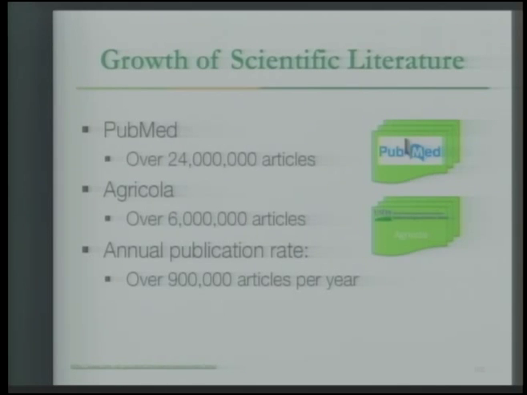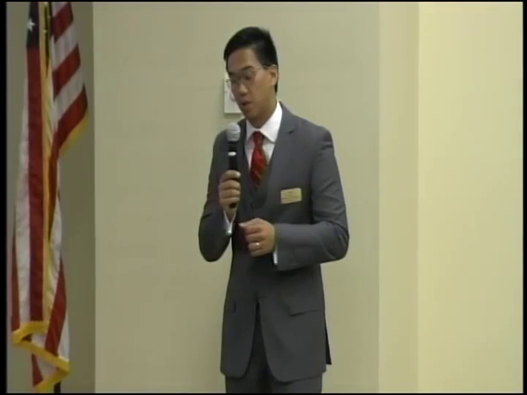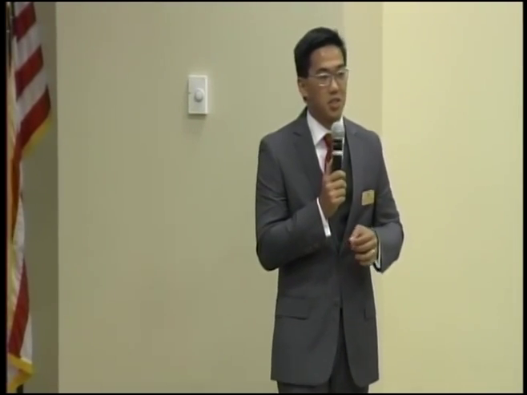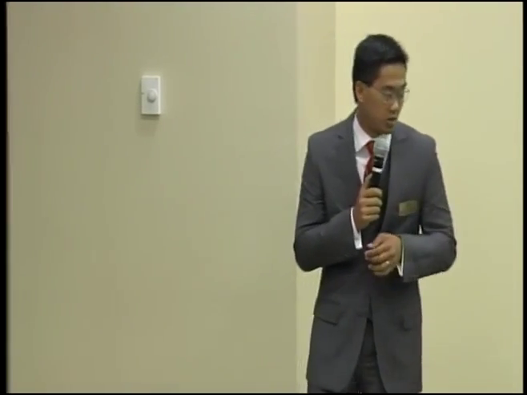Agricola, the agricultural comparison to PubMed, has over 6 million articles, and we want to look over more than 30 million of them. And to add to all that complexity, the annual publication rate was determined by the PubMed statistics, which show that over 900,000 articles are being published annually, and that number is constantly increasing as time goes on.